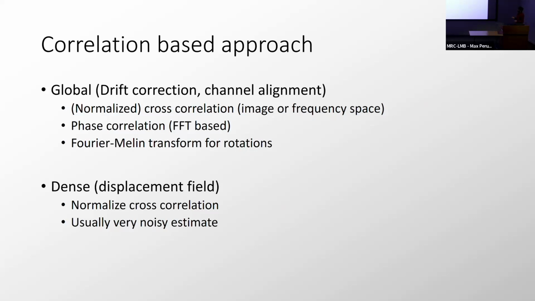You can also get rotation and scaling using what is called the Fourier-Mellin transform, which transforms the image into a polar geometry and applies the phase correlation on this transformed image. You can also use correlation-based approaches to estimate a dense, non-parametric displacement. In each little block, we look for the most similar block in a neighborhood, using normalized cross-correlation, for example.